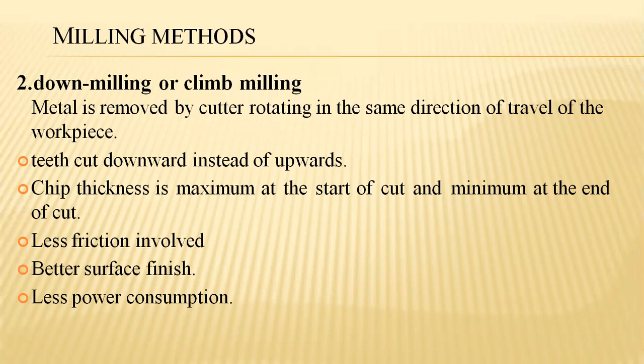Coming to the second method in this classification, that is the down milling process or climbing process. In this, the metal is removed by the cutter that rotates in the same direction as the travel of the workpiece.